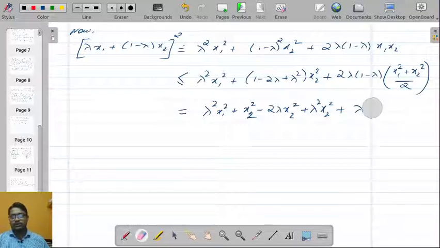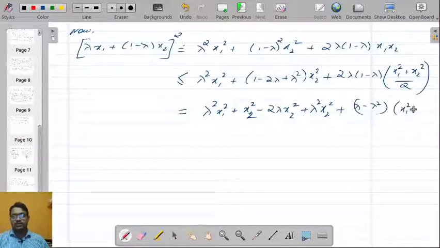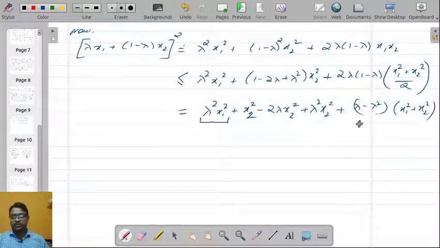Let me write it in one step. You see many of the things will get cancelled. λ² x1² will get cancelled, λ² x2² will also get cancelled.